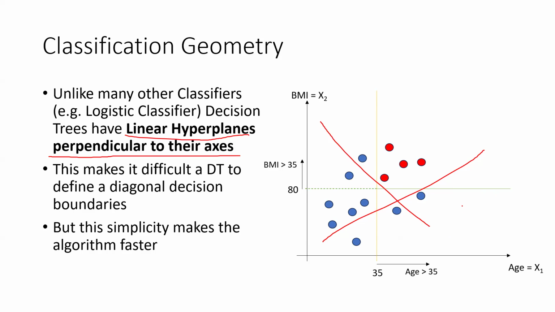So being parallel is actually a limitation. Limitation means you can't have tilted decision boundaries like this, which can be easily used for classifying the data points, right? So this may seem like a big disadvantage in decision trees. But the problem is when you want to have these tilted lines, you have to maintain extra parameters, right?